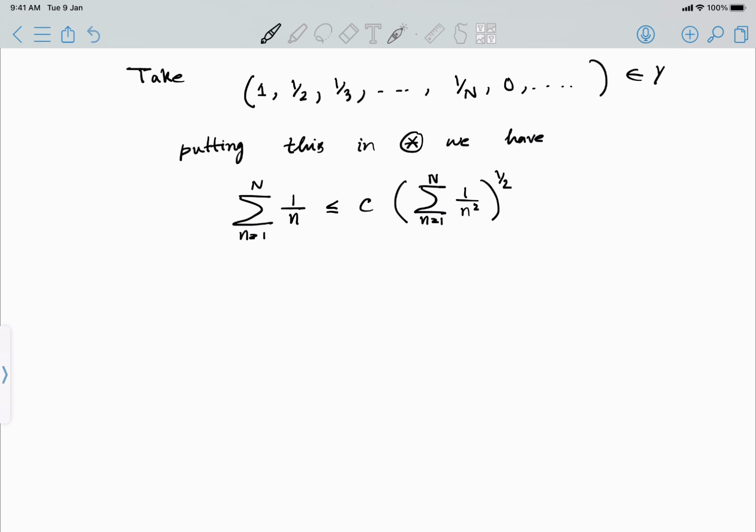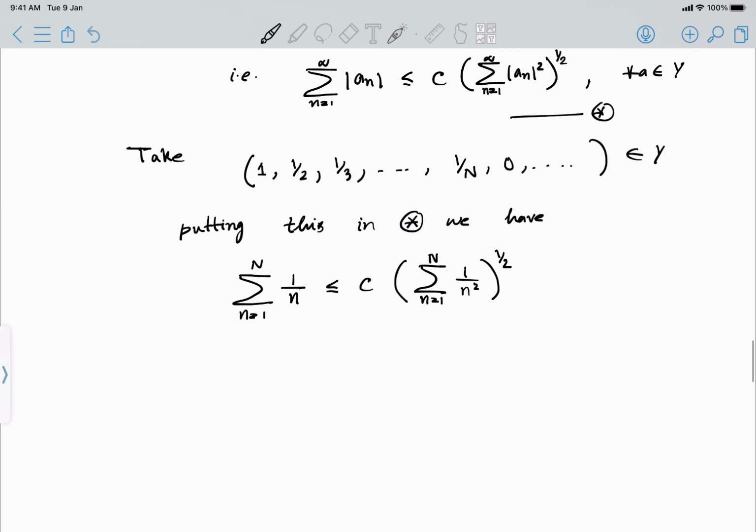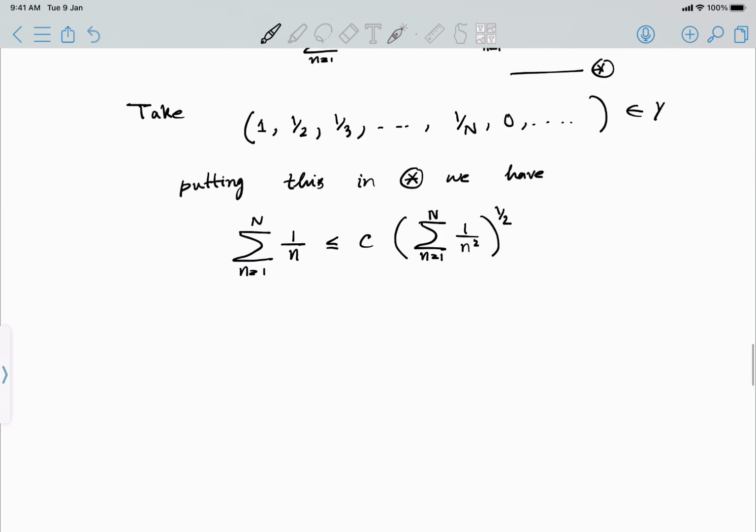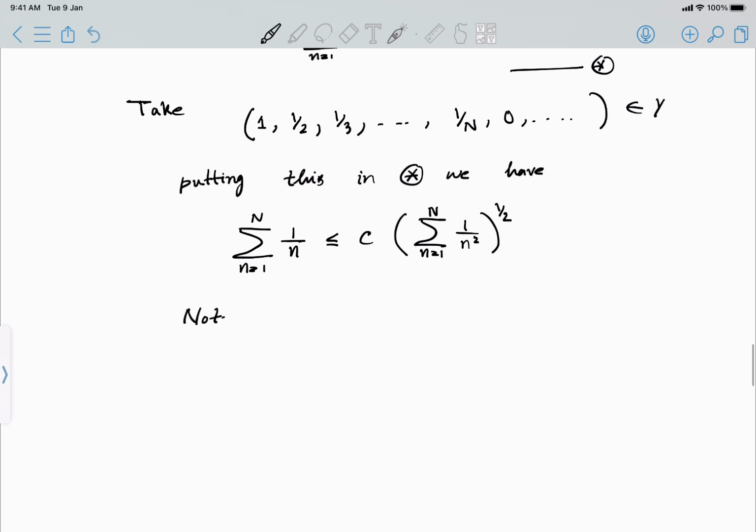This is true for any n. Now if we take n tends to infinity, then what will happen?